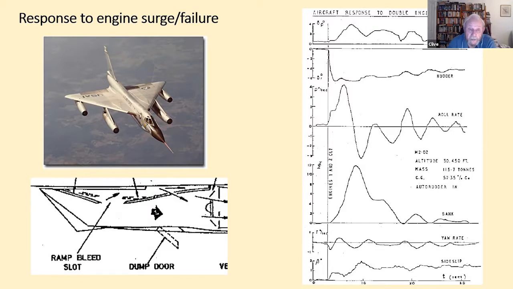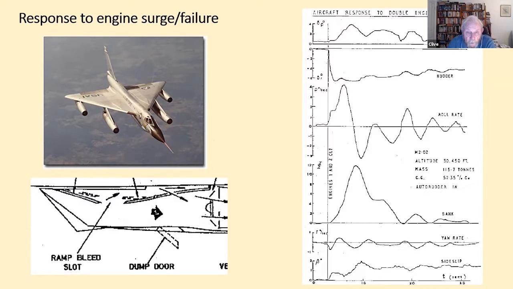It had what was known as internal compression intakes, I think, but certainly if that engine failed and the intake unstarted, the shock wave was expelled, came out, it affected its neighbor on the same side. Between the two of them, they screwed up the flow over that side of the wing completely.